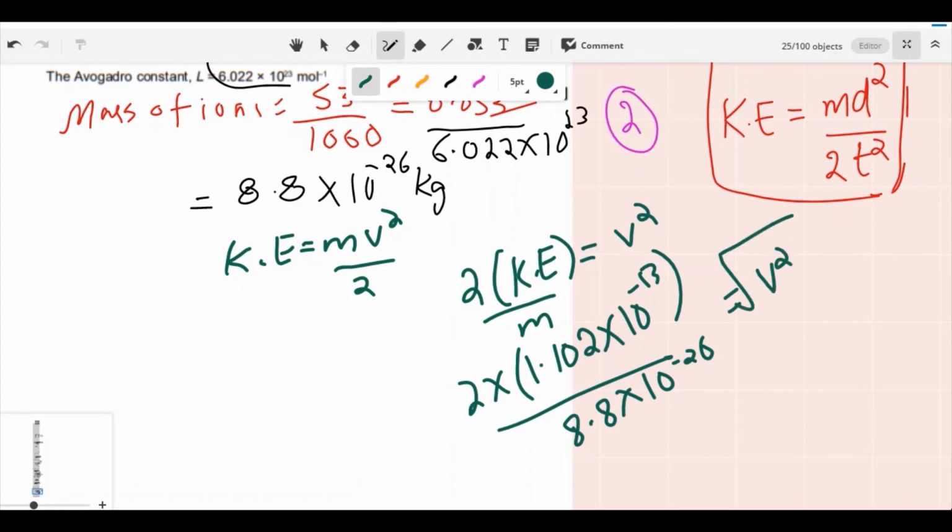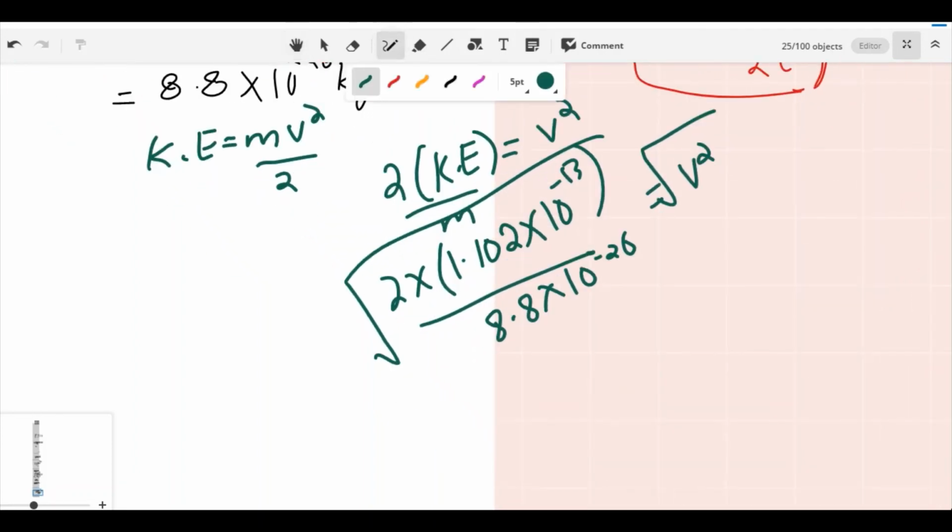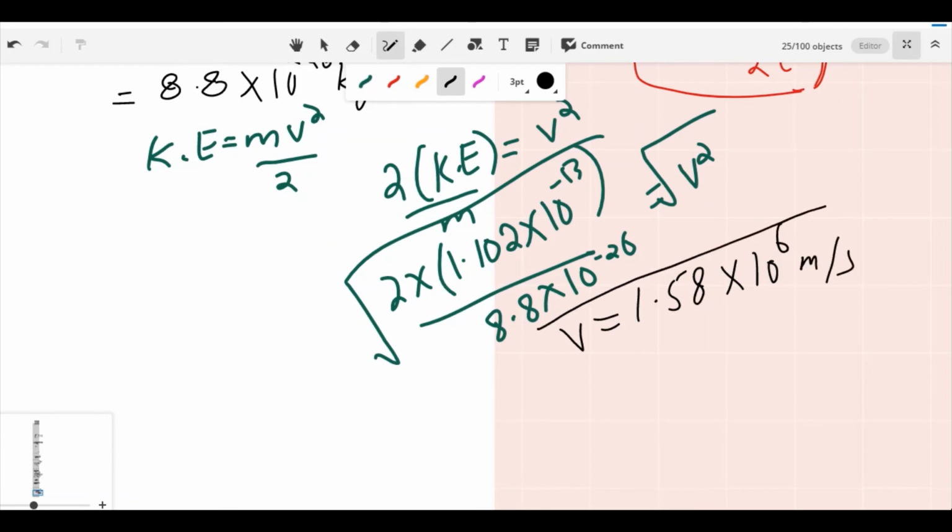Taking the square root on both sides after calculation, v is equal to 1.58 times 10 to power 6 meter per second. That is the value of v.